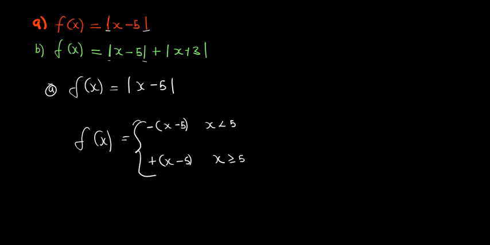Okay, so meaning that our next stage now, say f of x is equal to, all right, so I'll say this is now negative x plus 5. Okay, then here I have, because positive and positive, that will be just x minus 5, like that.